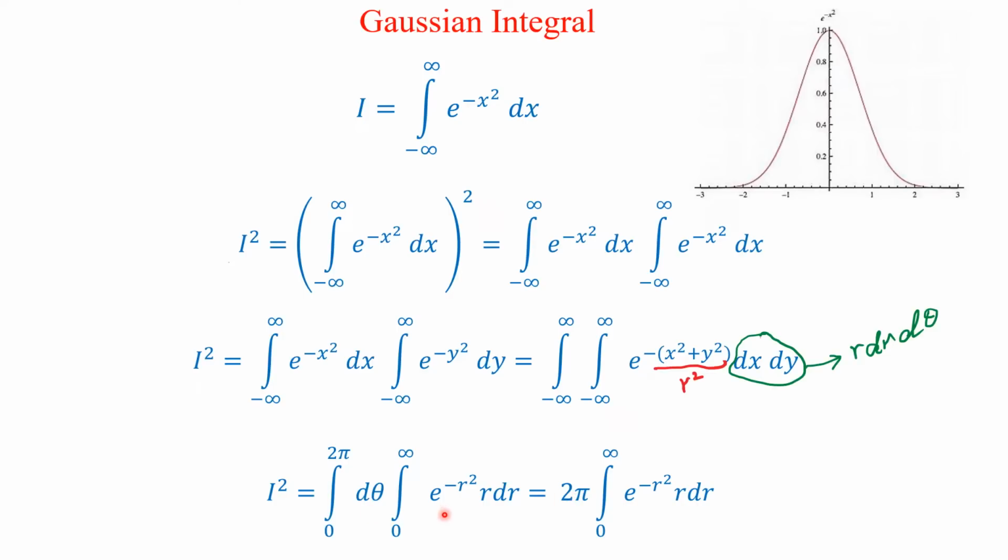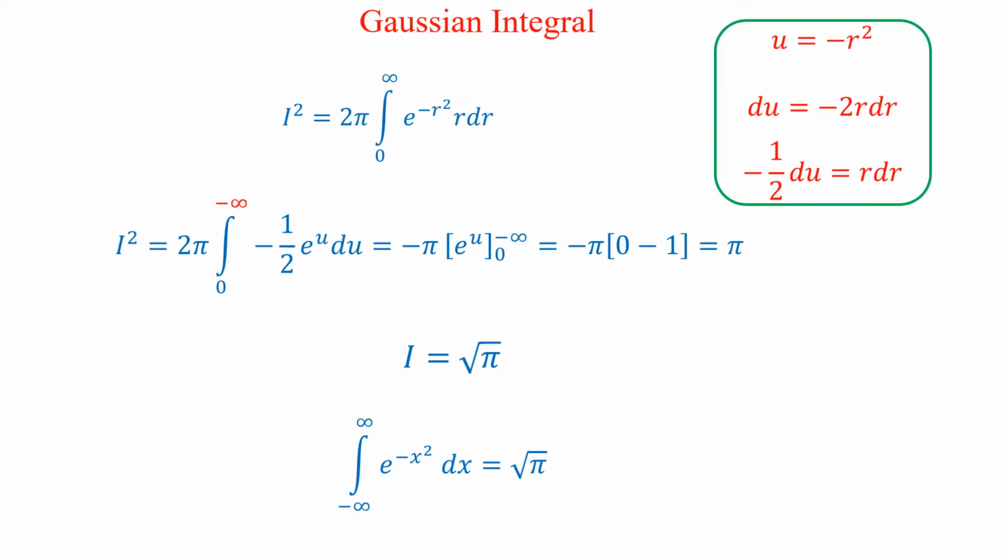So naturally, we have 2 pi times the integral from 0 to infinity of e to the power minus r squared r dr. We will see what happens to this. So I squared is equal to 2 pi times this integral.